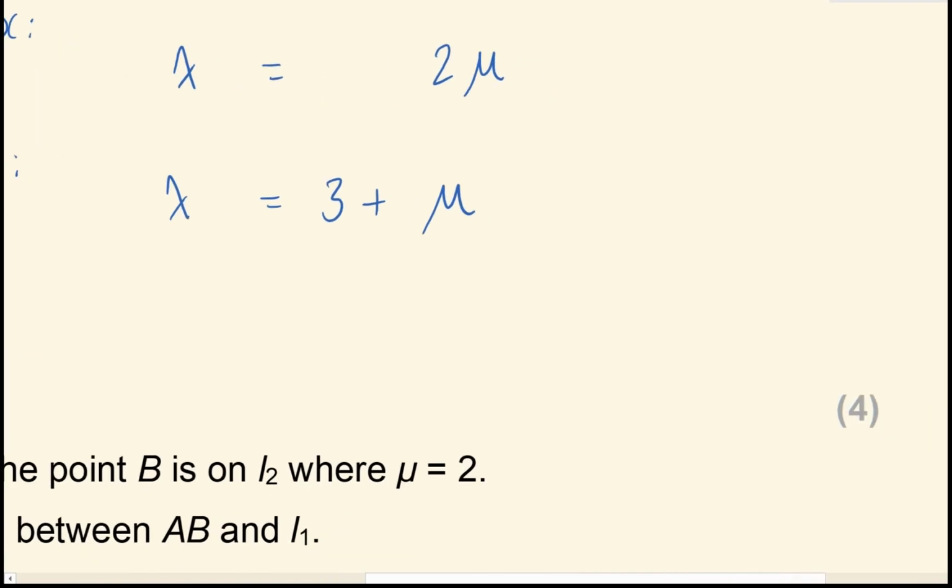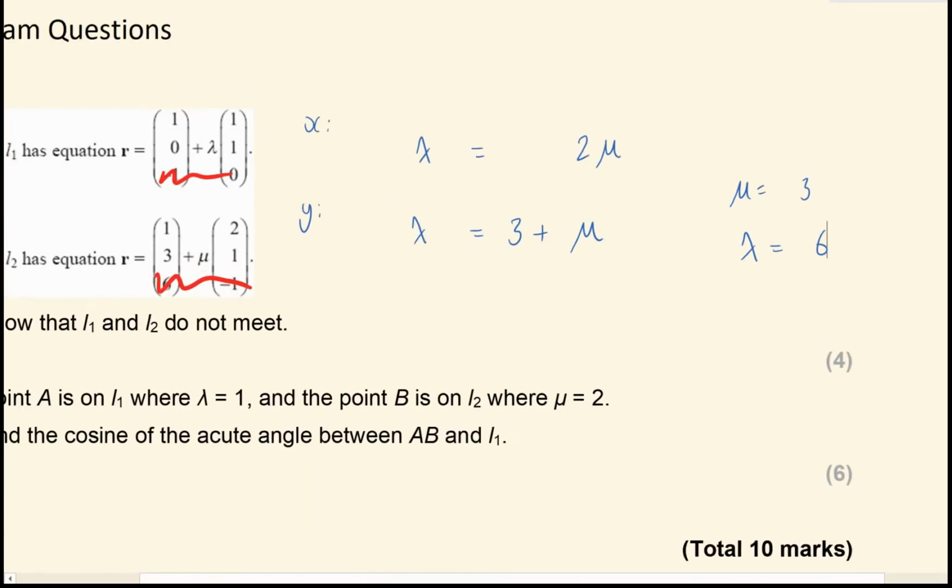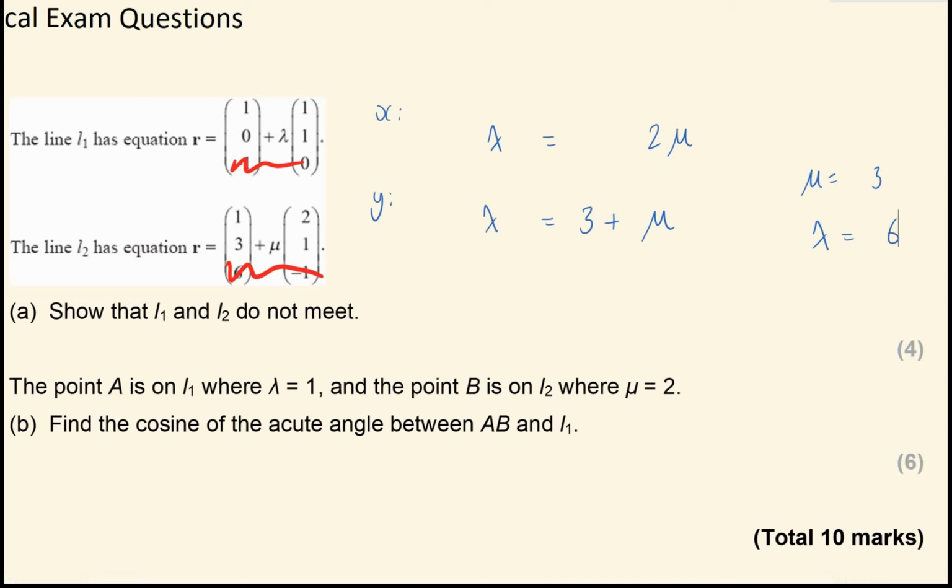And doing this really quickly, mu should be minus 3, which means lambda should be minus 6. Okay. Sorry, mu should be plus 3 and lambda should be plus 6. Okay. And both of those work. And then what we do for the test to show that they do not meet is we would plug those values into z.